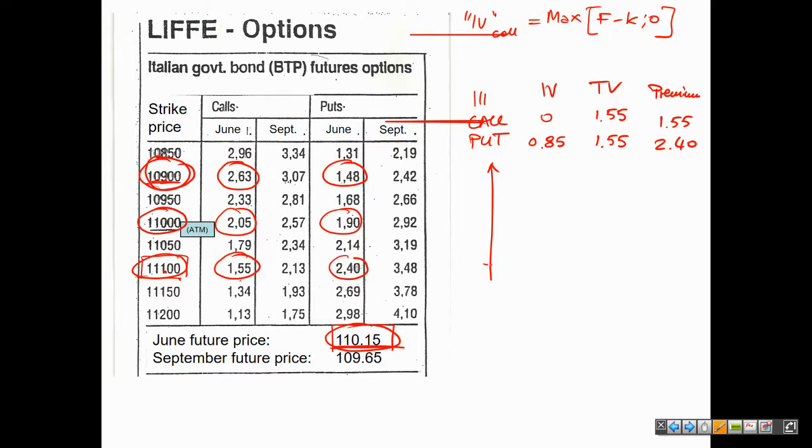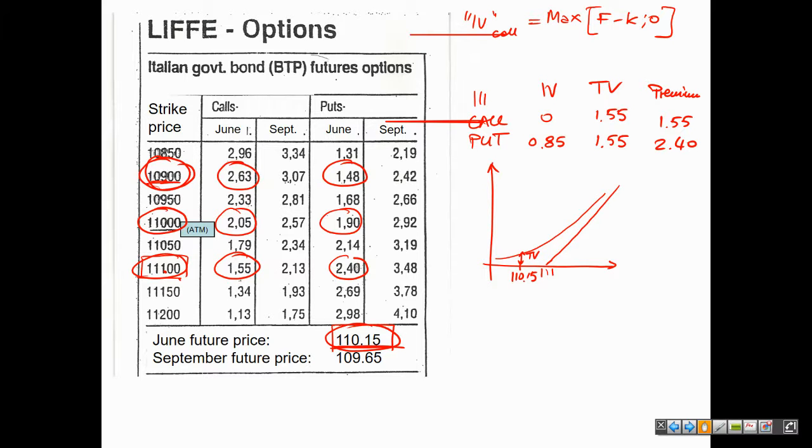Let us get back for a second to what lies behind the time value in our first explanation. I have a call option strike 111. If the future trades at 110.15, I'm here, okay? The time value that this call option has has to do with the chance of future exercise, or with the chance of abandoning the contract.